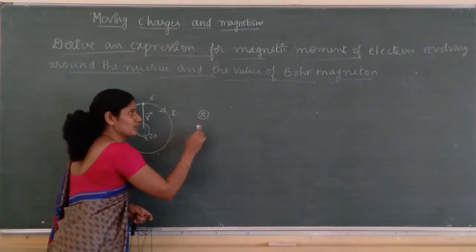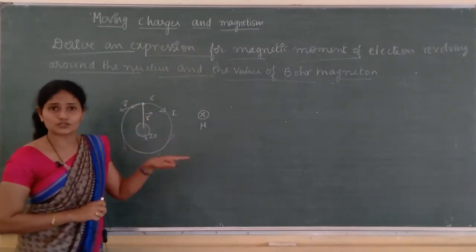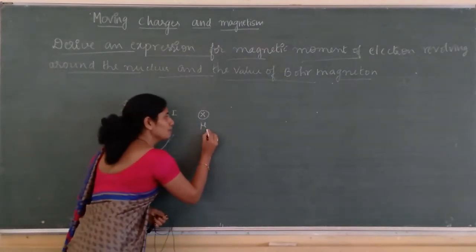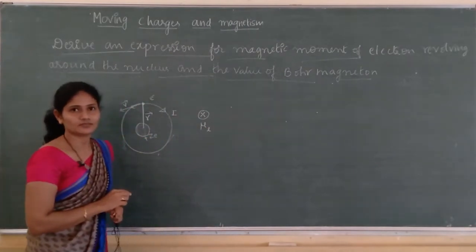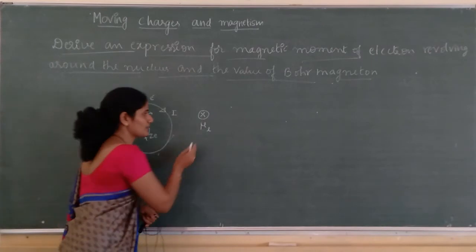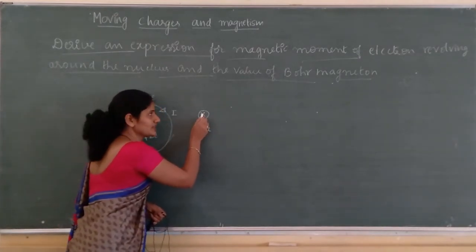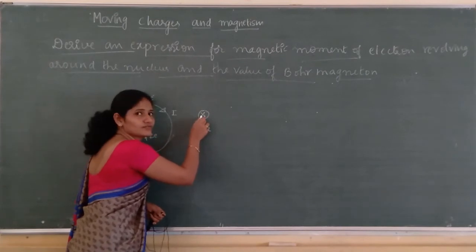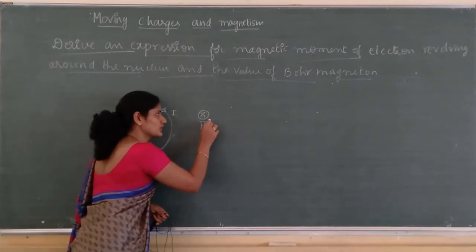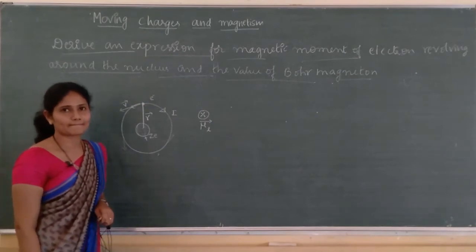Here the magnetic moment of electron is represented by mu L. Always remember, magnetic moment of electron is represented by mu L and it is into the plane. That is why here we have a cross mark. It is a vector quantity, so mu L vector, right.